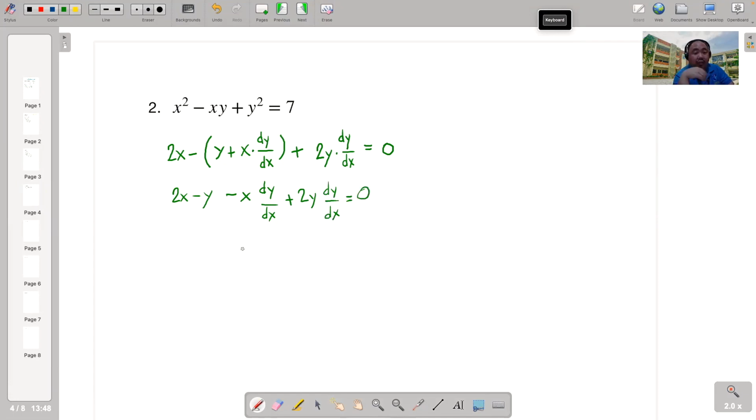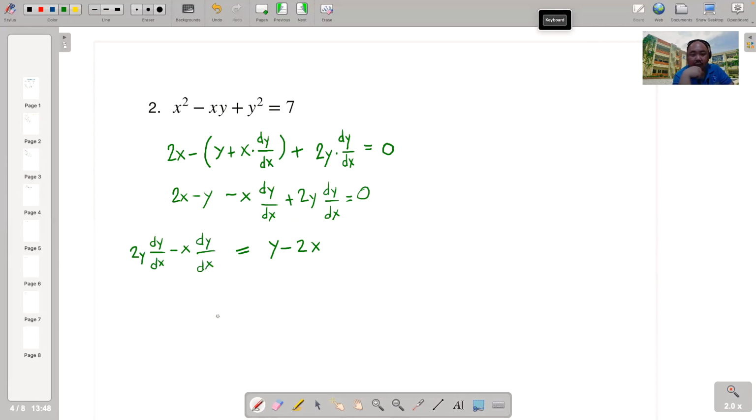And then we try to put on the other side those terms that have no dy/dx's. So you will get y minus 2x is equal to 2y dy/dx minus x dy/dx.